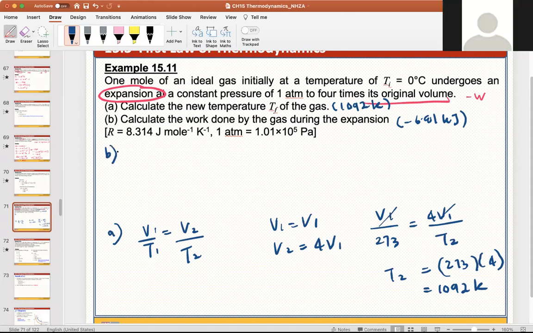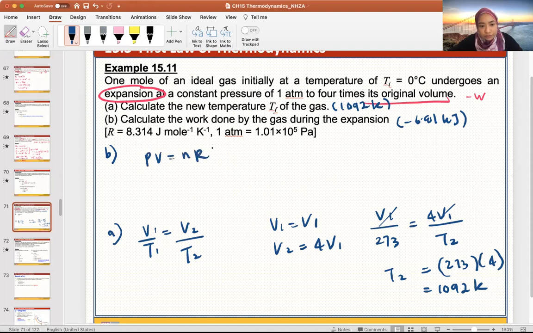Yes, teacher. Hi, can you do part B? Have you managed to do it? Yeah. Okay, so what is the work done? How did you do it? I use PV equals nRT to find the volume. Okay, so macam mana tu?